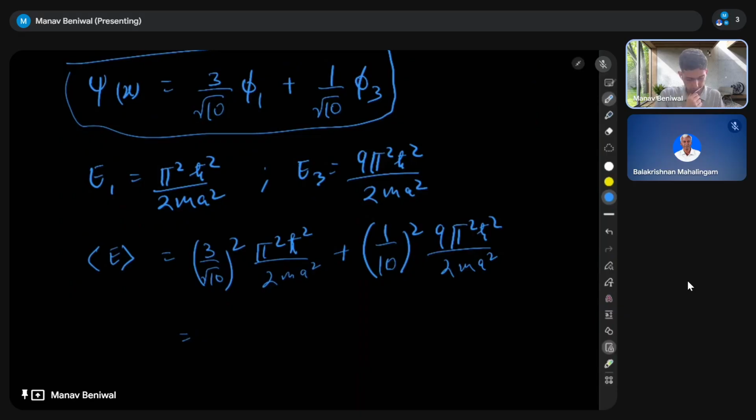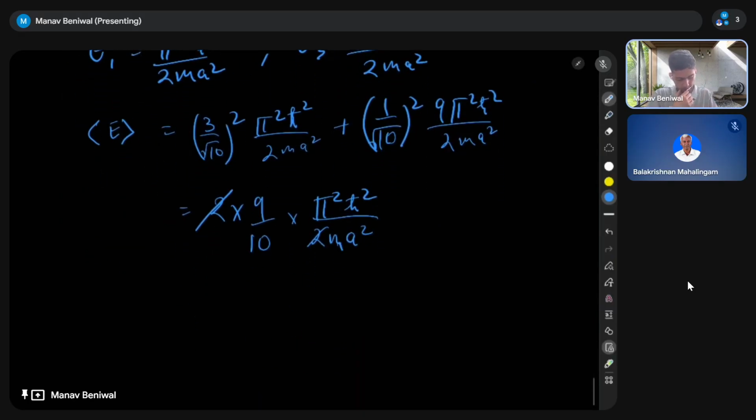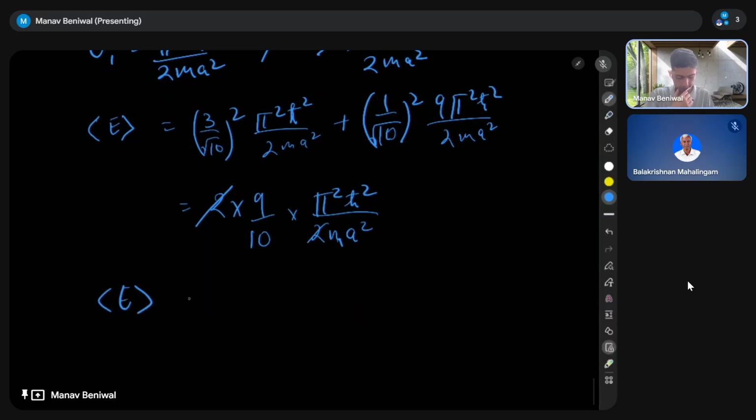Okay, so which means that this is 9 by 10, and this again, this is 1 by 10, and this is also then 9 by 10. Okay, so basically 2 into 9 by 10 into pi squared h bar squared over 2 m a squared. So these two will cancel out, and finally our expectation value will be 9 pi squared h bar squared over 10 m a squared.